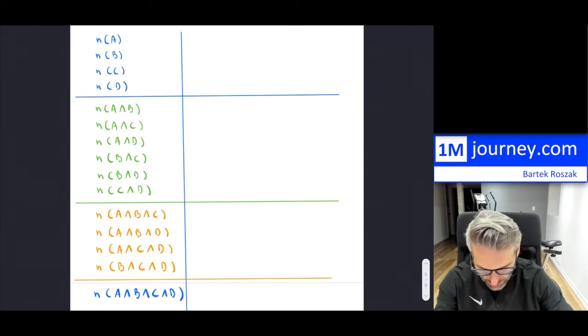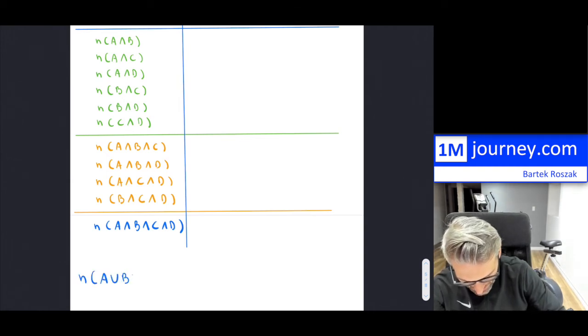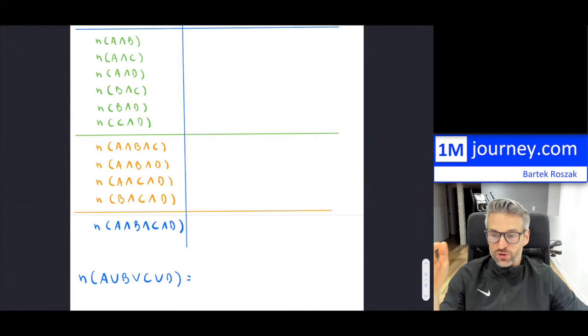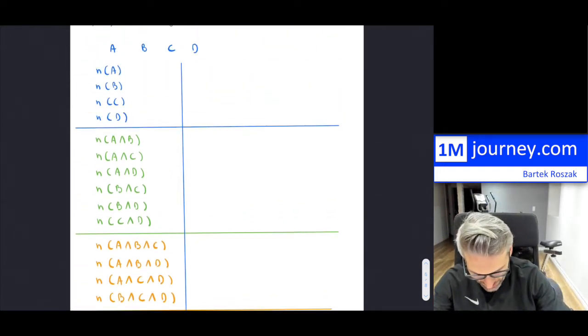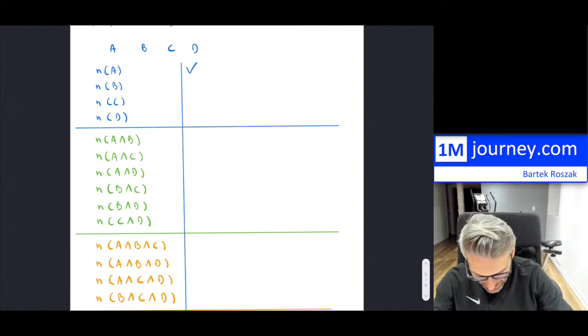If you want to find the union, so N, the union between A, B, C, and D, then to do this, you clearly are going to have to add. So you're going to have to say, I'm going to be adding this, within here. I'm going to be adding this, this, and this.